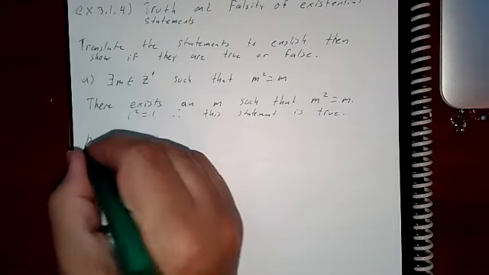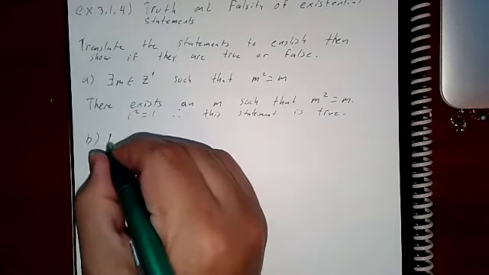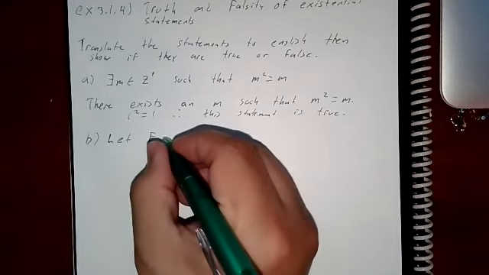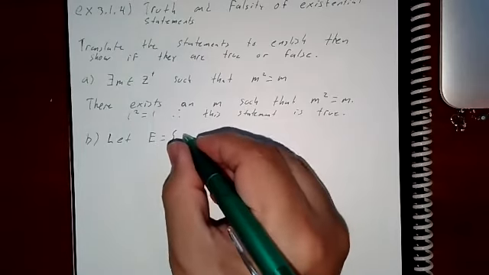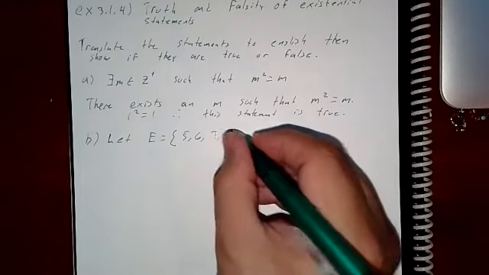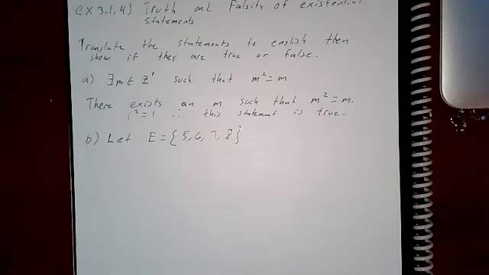Okay, part B. Let E, capital E, equal 5, 6, 7, 8. Okay, sorry.